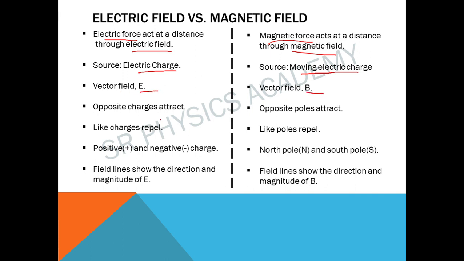Opposite charges attract; here also, opposite poles attract. Like charges repel; like poles repel. Positive and negative charges are mentioned here; for the magnet we already know north and south poles. Field lines show the direction and magnitude of E. Field lines show the direction and magnitude of B.